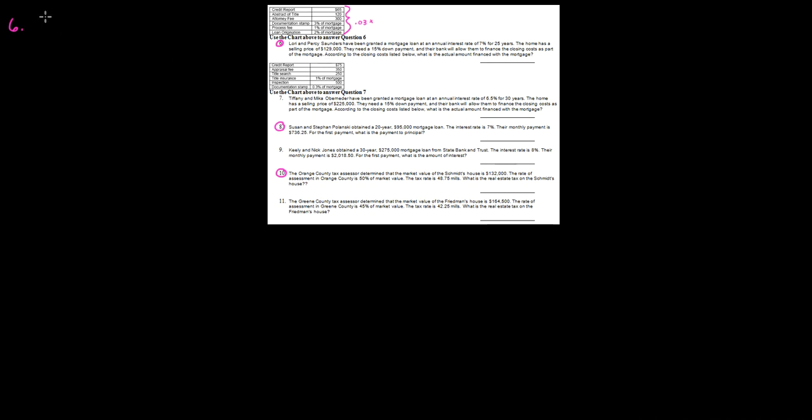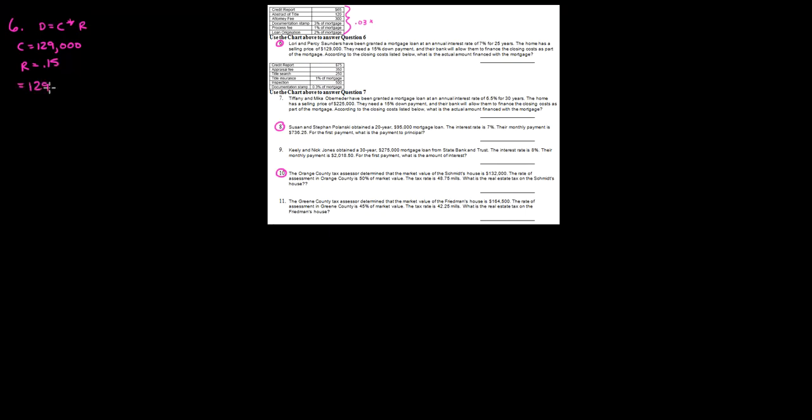So to find the total loan, we do just like we did at the top part of the page, and we have to first find the down payment. So it says here that the down payment amount is the cost of the item times the rate required down, and the cost of this house, or condo, or whatever it is, is $129,000, and the rate required down is 15%.